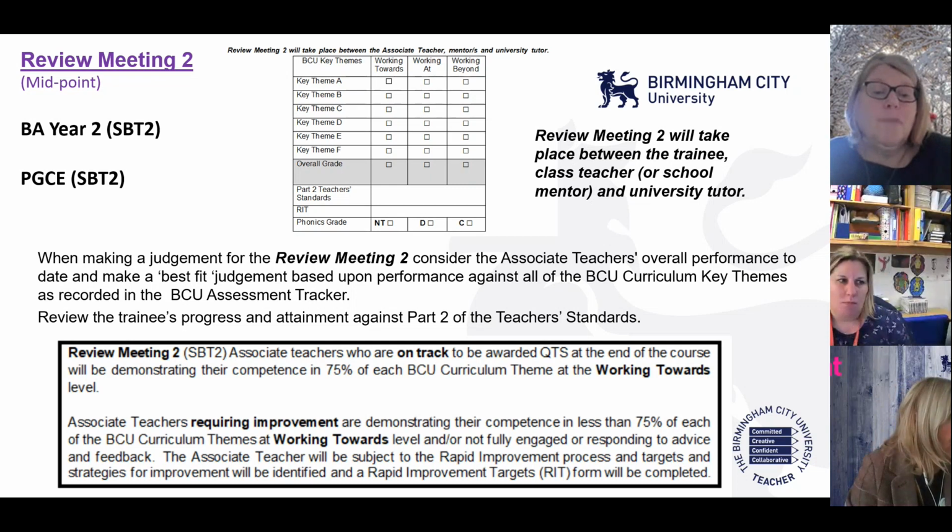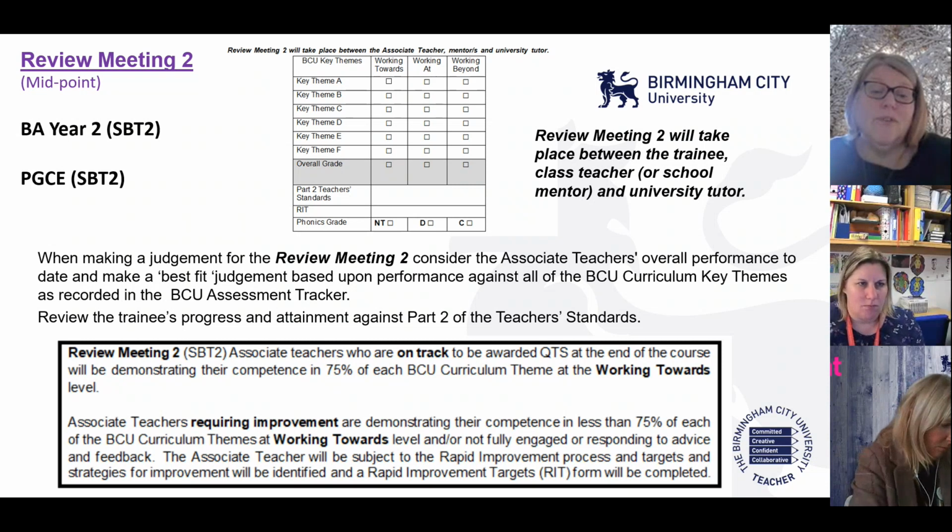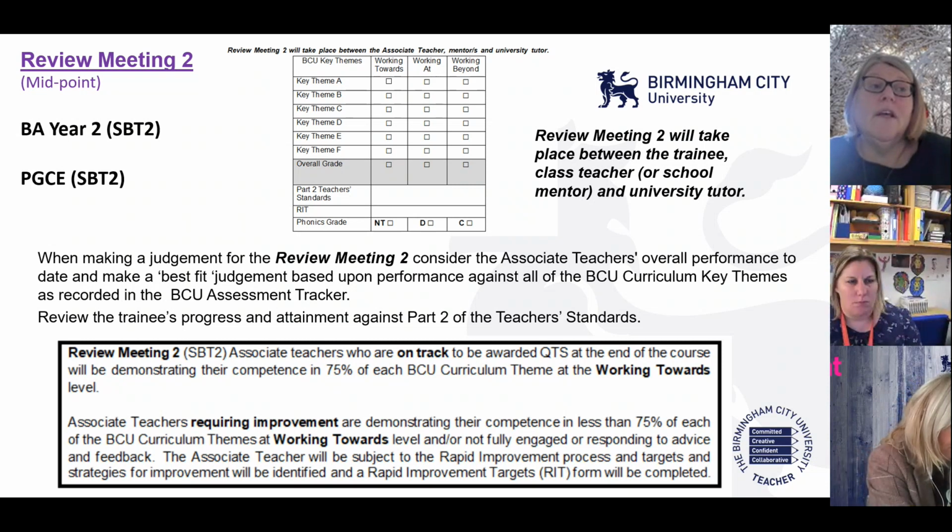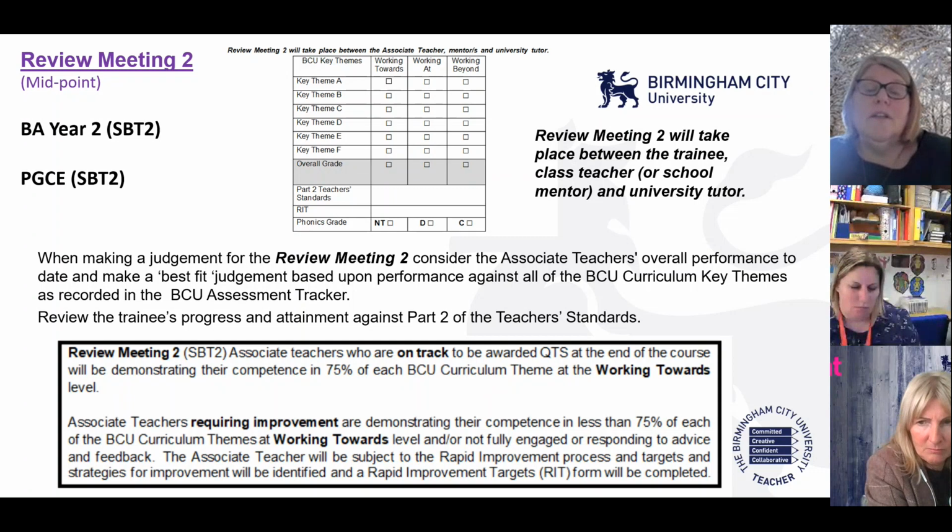Anyone requiring improvement would be demonstrating their competence in less than 75% of each of those themes at working towards, and perhaps they're not fully engaged or responding to advice and feedback. In that case, at this review meeting 2, we would put a rapid improvement target in place to support them as they move into the final part of that placement.